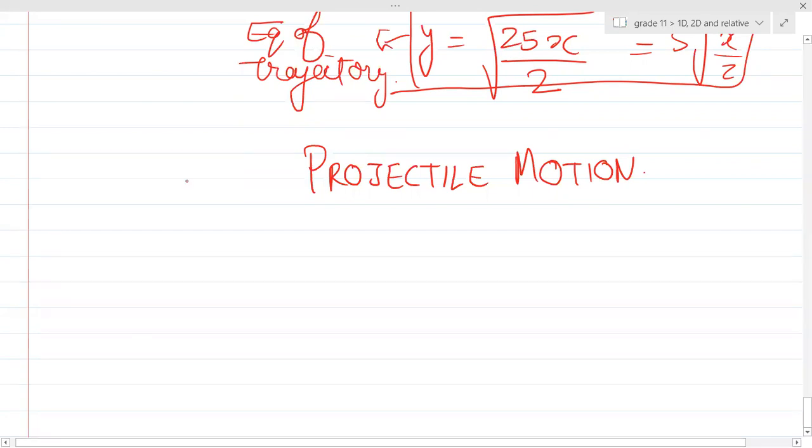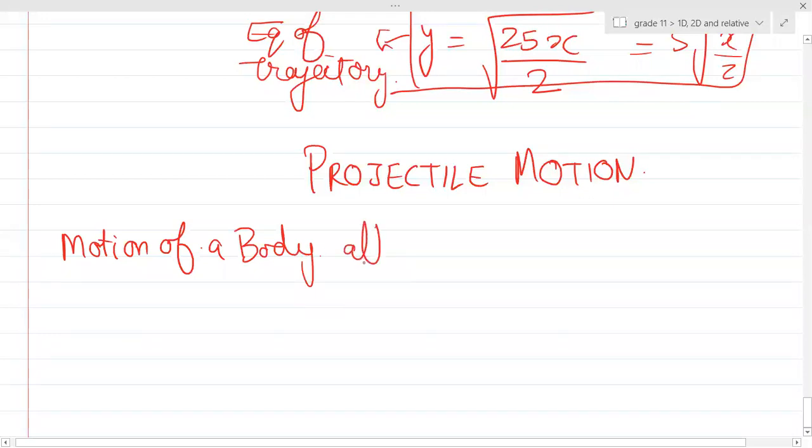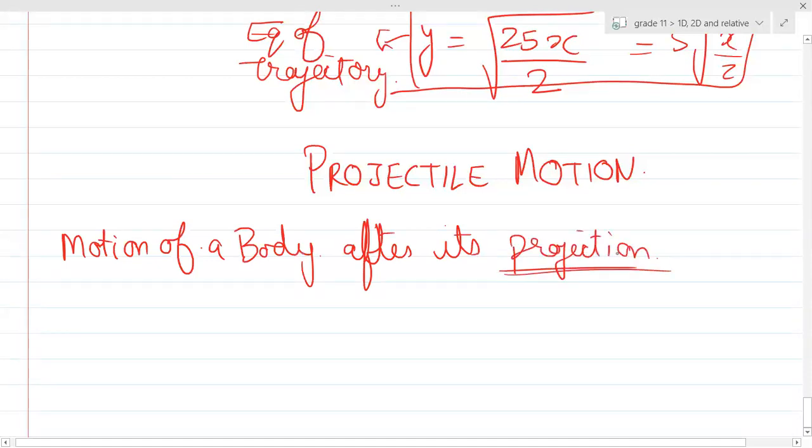So, anyways, let's start with the projectile motion. We were discussing this. So, what is projectile motion? Motion of a body after its projection. You understand what a projection is? Projection is basically thrown.